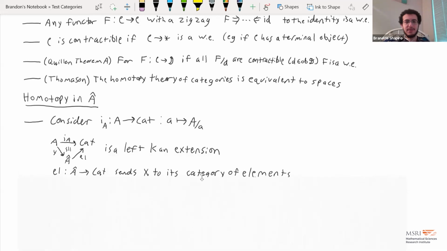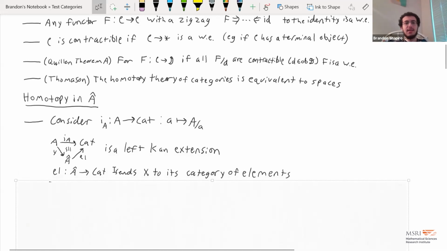And we can extend from this to the functor from A hat to Cat that sends a diagram X to its category of elements. And this is a left Kan extension where each presheaf in A hat is a colimit, and you can take the corresponding colimit of these categories, A over a, and that agrees with the category of elements. So we always have a way of going from A hat to Cat.